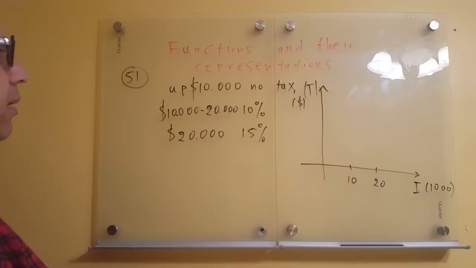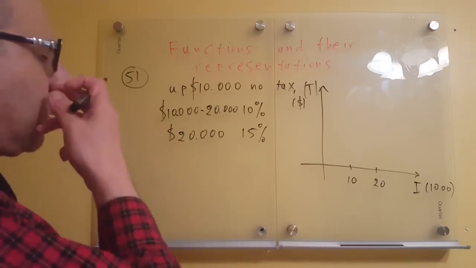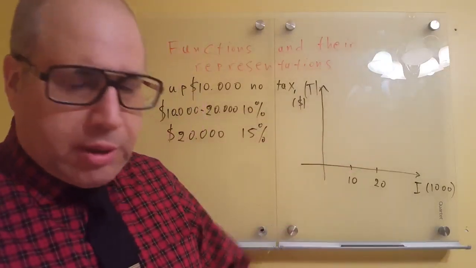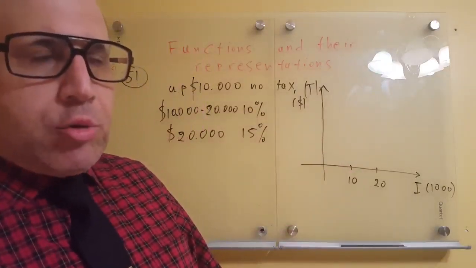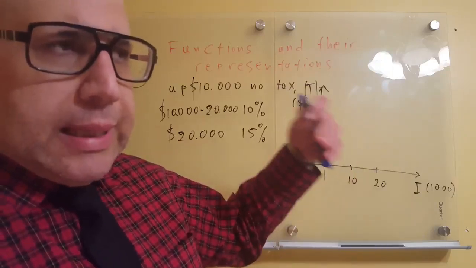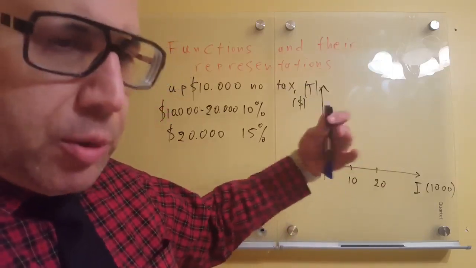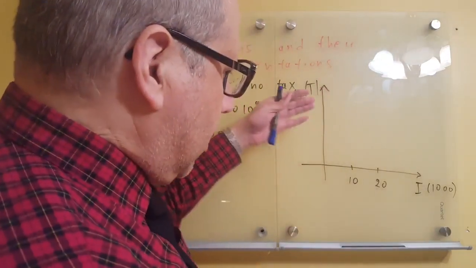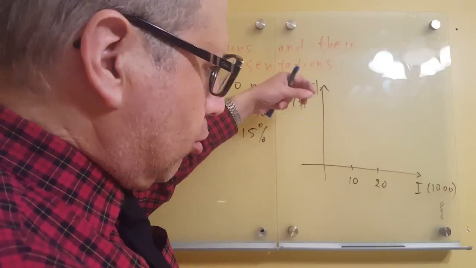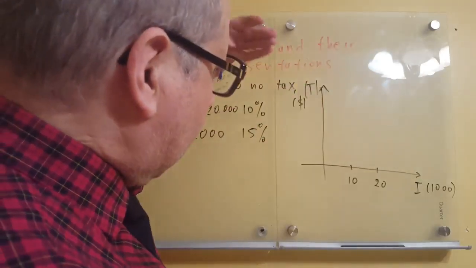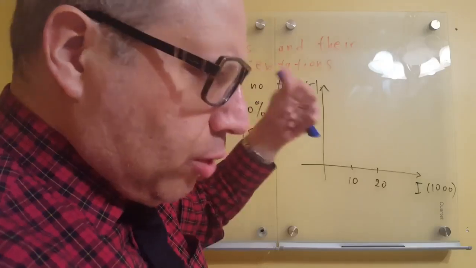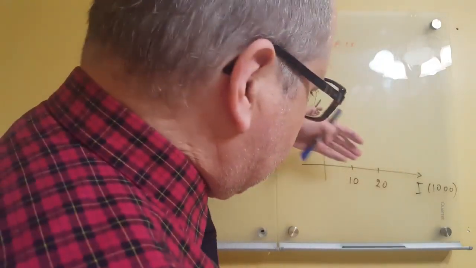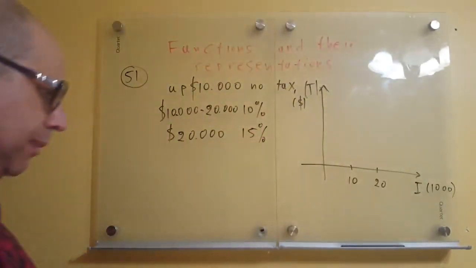And on the y-axis, actually we put now the actual amount that the person is paying, because in the previous one in the y-axis it was the rate, but here we are having in the y-axis the actual amount that somebody is paying in terms of how much income it makes.